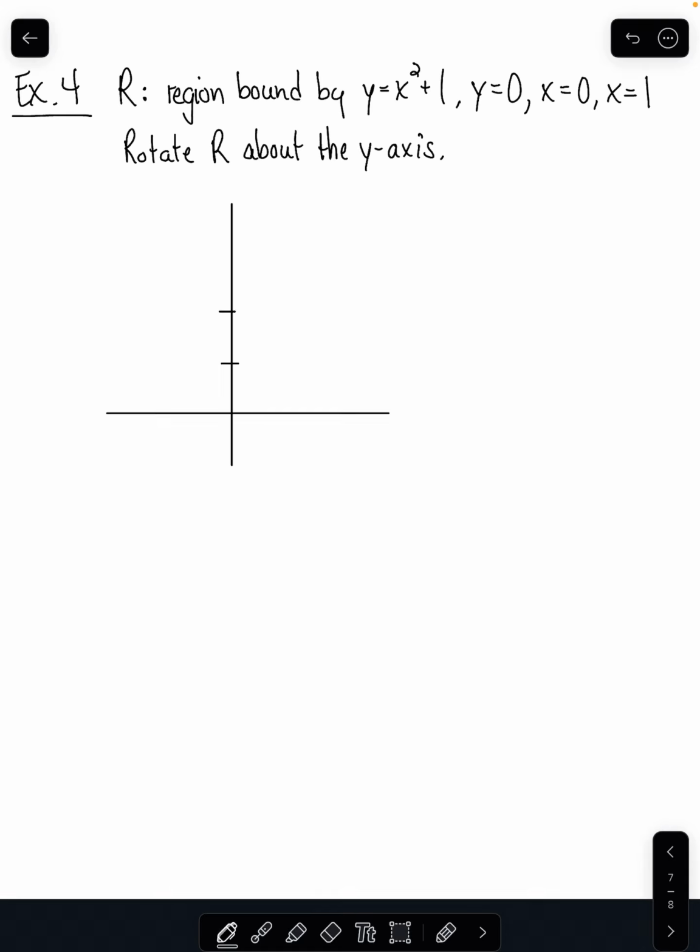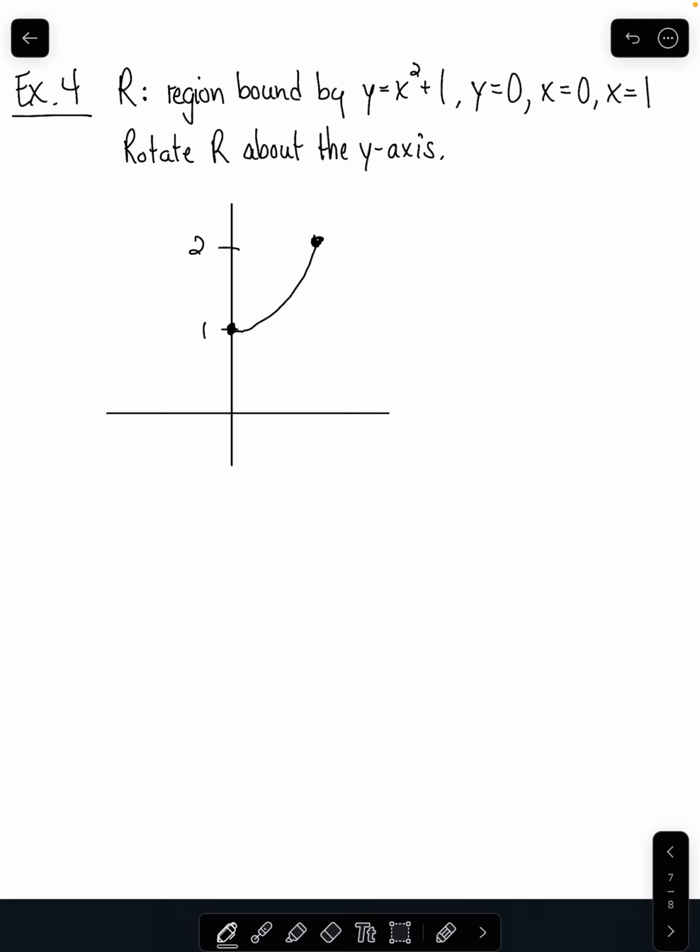X squared plus 1, let me space that out a bit, x squared plus 1 would be a parabola that starts with its vertex at (0, 1) and then goes up to (1, 2).